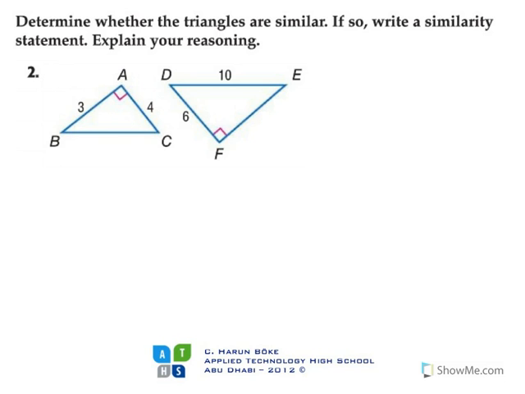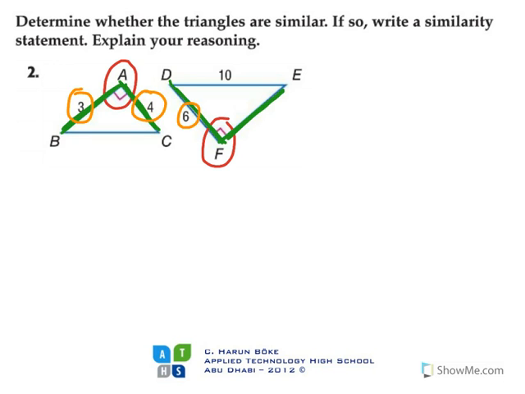So here you see the congruent angles are A and F, and the arms of those angles are AB and AC here, and here it is EF and FD. But you see, we have AB and AC, whereas we only have DF here, we don't know what EF is.